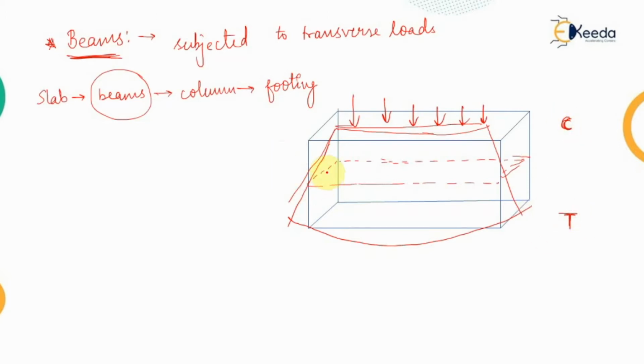And as you can see, the middle portion is known as the neutral axis portion or the neutral axis plane, because it is a three-dimensional diagram. This neutral axis is not experiencing any kind of stress. That's why it is neutral, and that's why the name comes as the neutral axis.